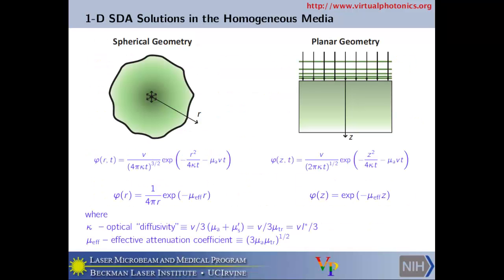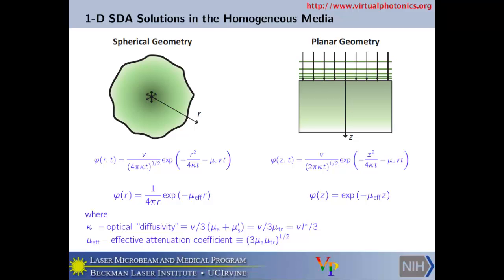I won't go through the details, but two very important cases in biomedical optics are the solution to the standard diffusion equation for a point source in an infinite medium, and for an infinitely large planar beam incident onto a semi-infinite medium. You'll get a chance over the next three days to explore the characteristics of these equations.